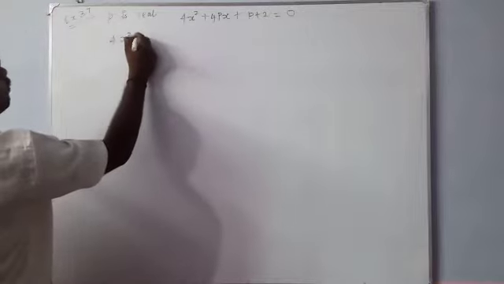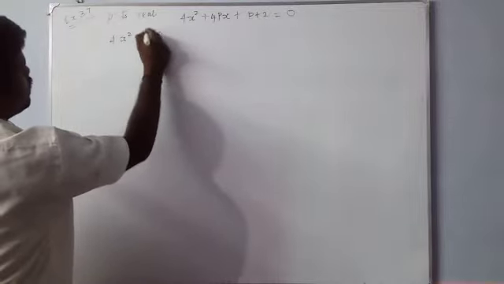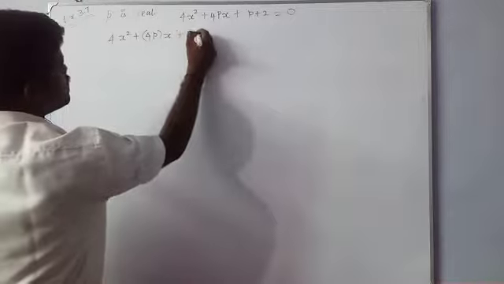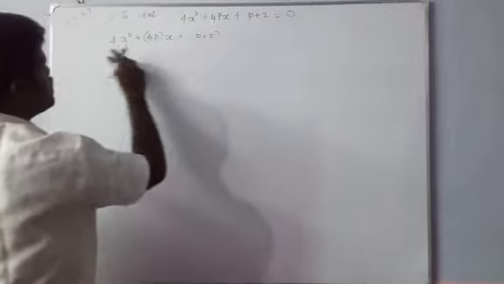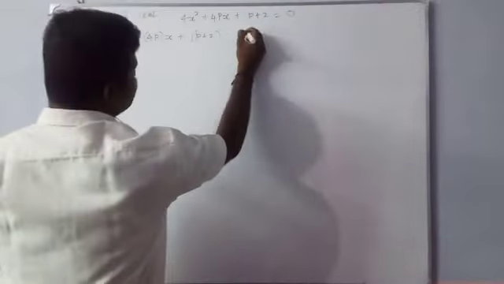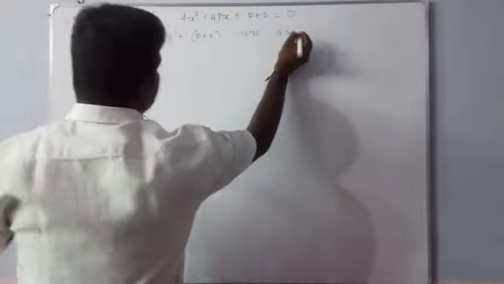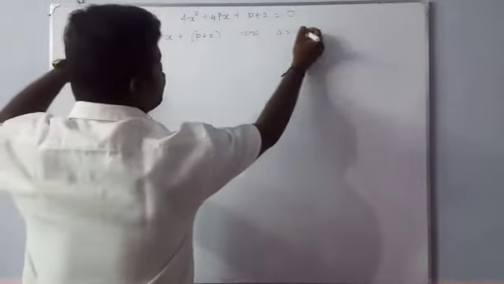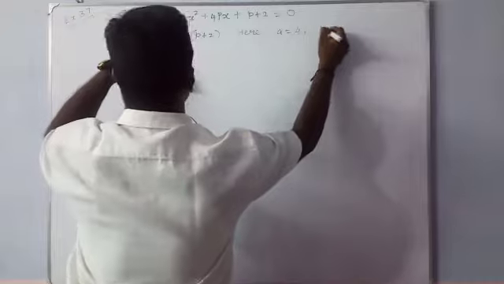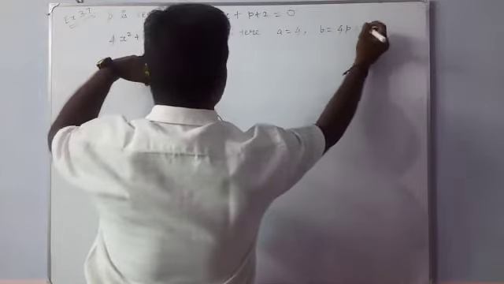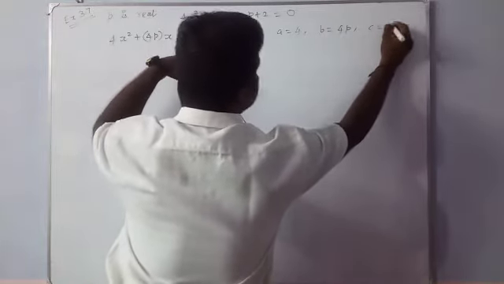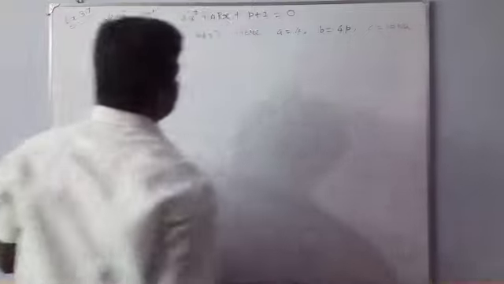4x square plus 4p into x plus p plus 2. This is the constant term. Here what is the value of a? Here the value of a is 4, the value of b is 4p, the value of c is p plus 2. Do you know the discriminant value?